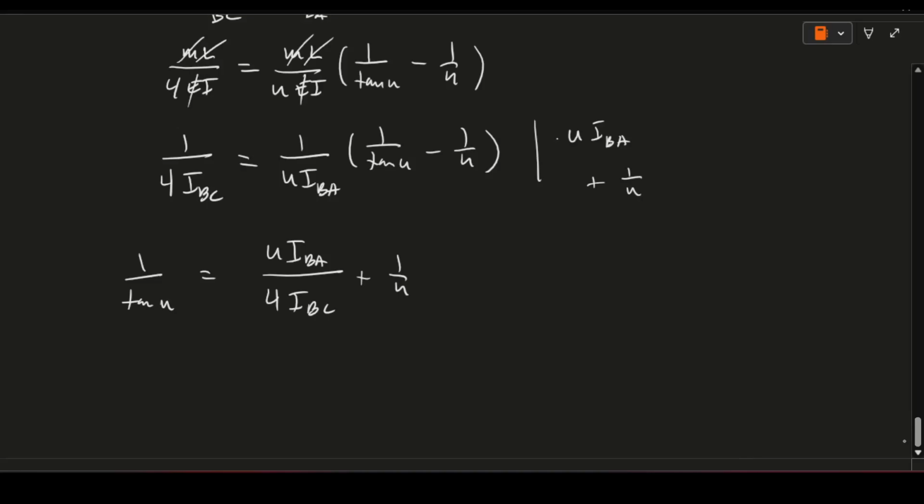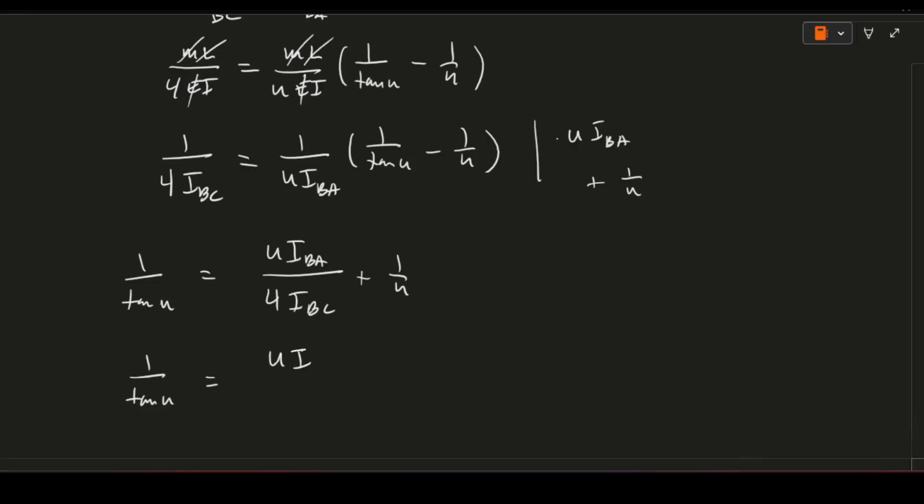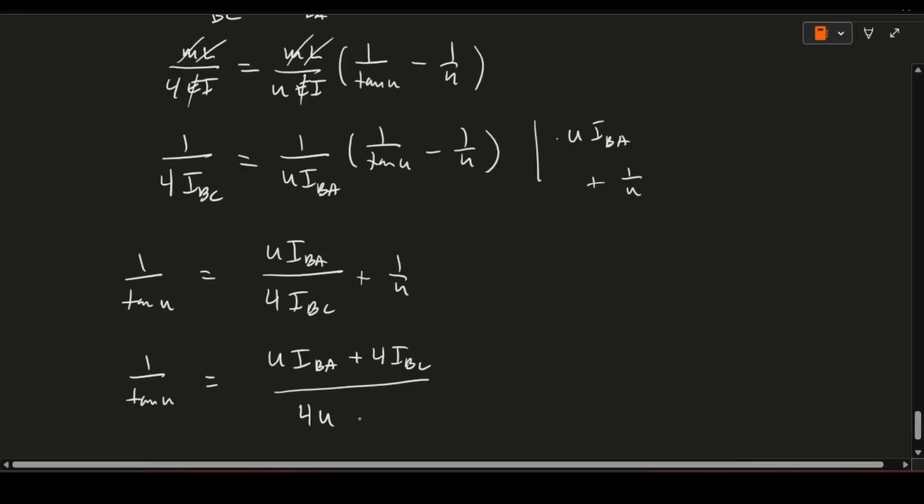I can put this on the same denominator. We get 1 over tangent u equals u times I_BA plus 4 I_BC divided by 4 u I_BC.